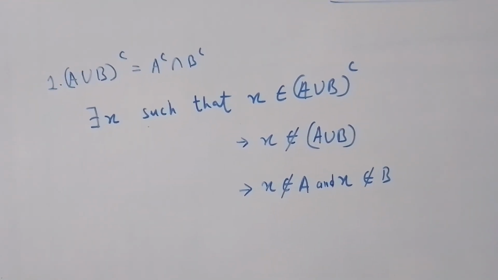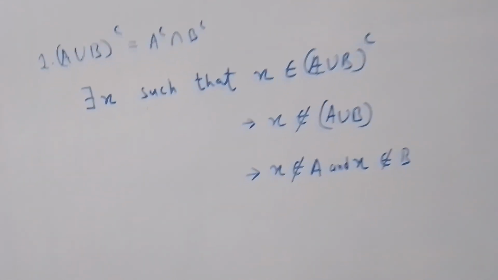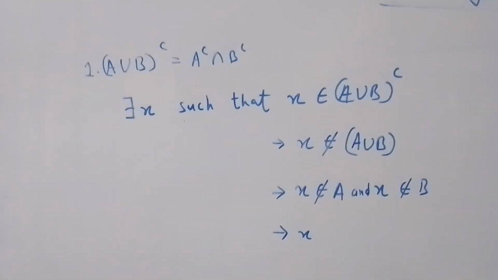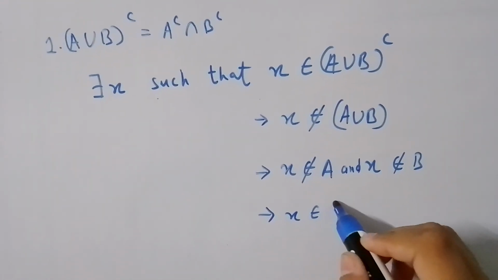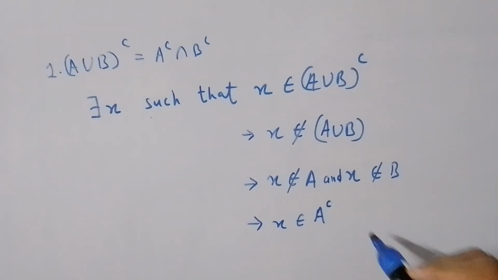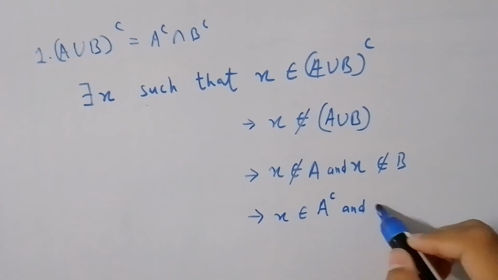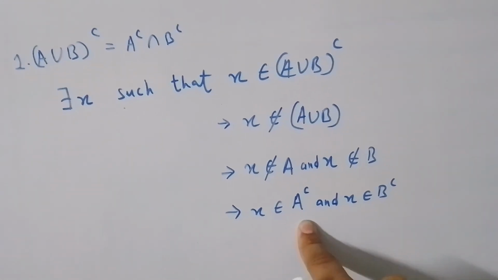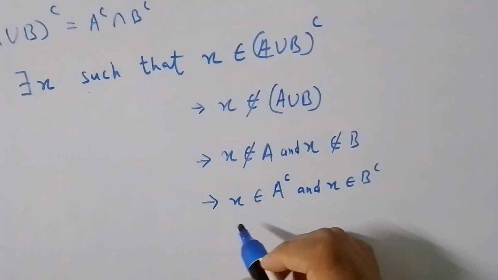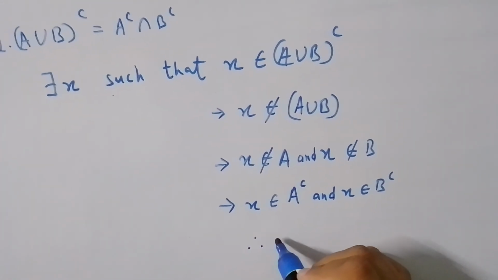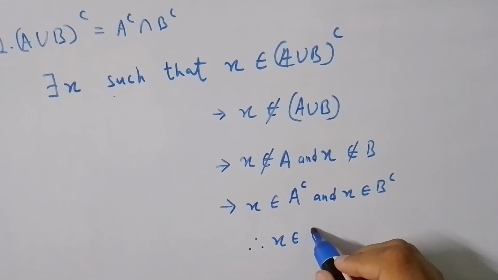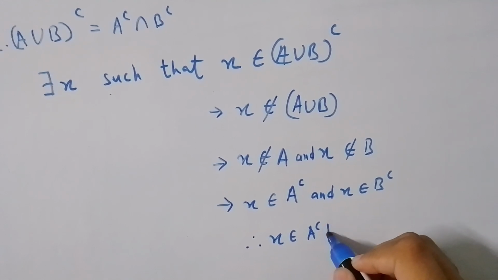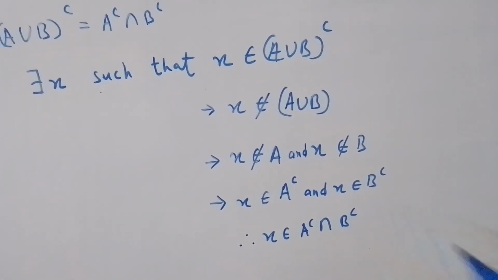Okay, so the next line will be, if it does not belong to A, then it belongs to the complement of that set. Now X belongs to A complement and X belongs to B complement, by which we can say X belongs to A complement intersection B complement.